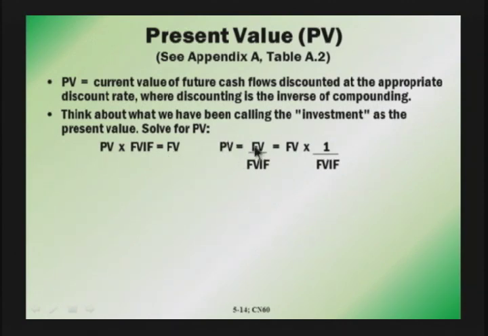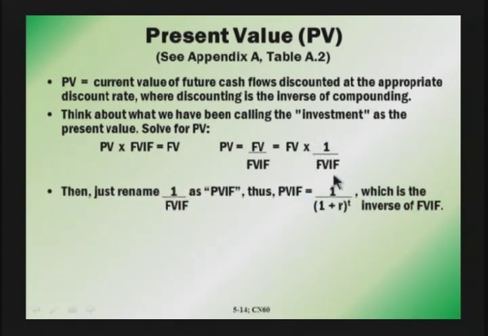So present value would be the future value divided by the future value interest factor, or simply multiplied by its inverse. So dividing by the future value interest factor is the same as multiplying by 1 over the future value interest factor.